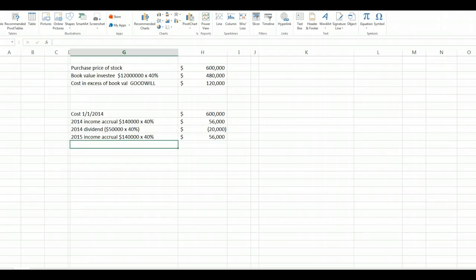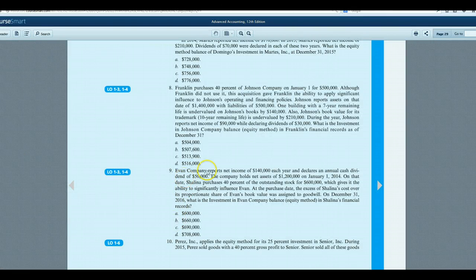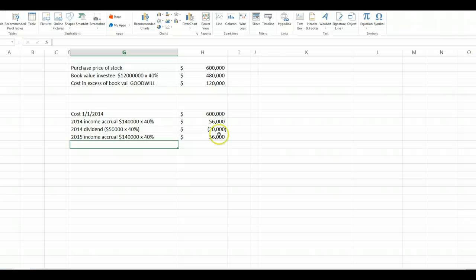Each year the company reports income and declares dividends. Okay, I just want to make sure.